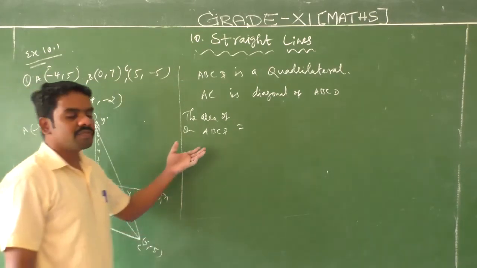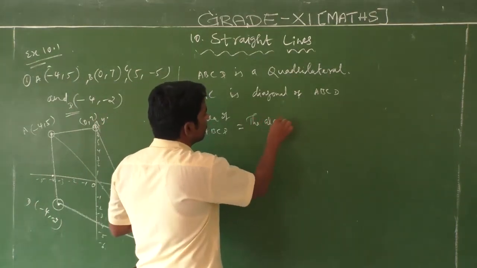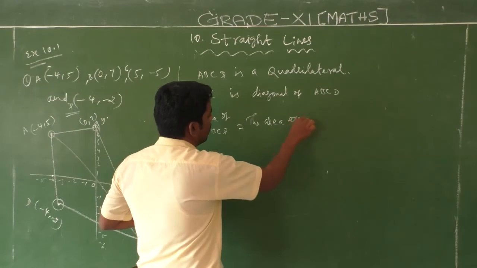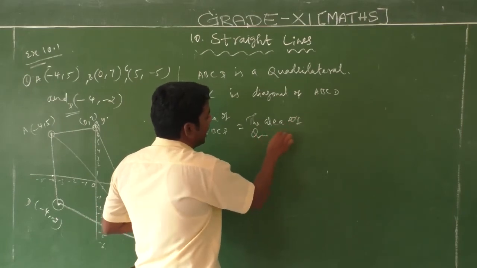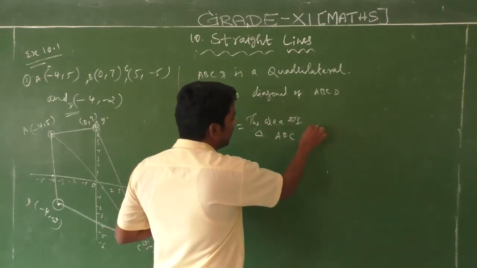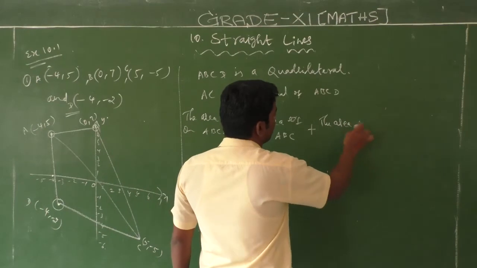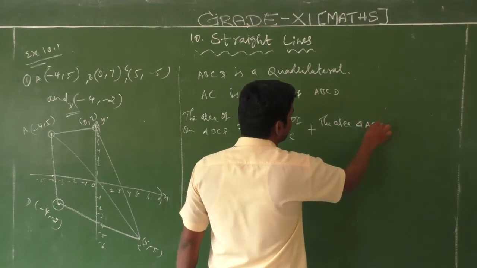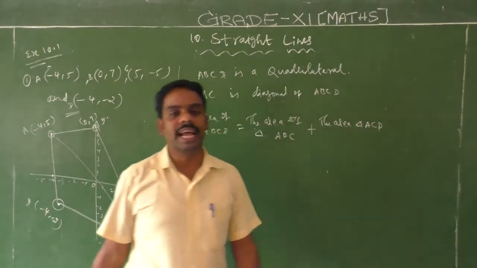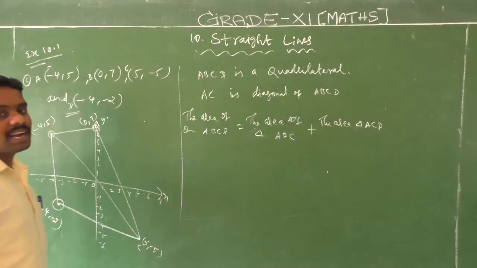So the area of quadrilateral ABCD is equal to the area of triangle ABC plus the area of triangle ACD. We know the area of triangle formula.